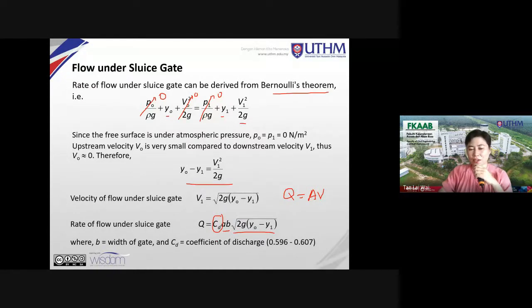Basically, there is a correction term here due to the opening, because it has some control due to the sluice gate, so you won't get exactly the Q. So you are introducing this coefficient of discharge. It's actually less than 1. You won't get greater than 1. If it's equal to 1, that means you get exactly Q.